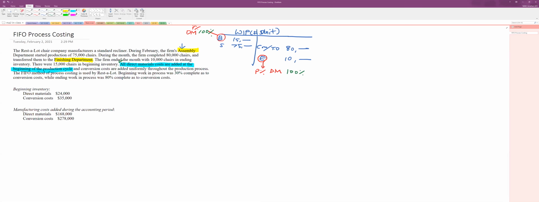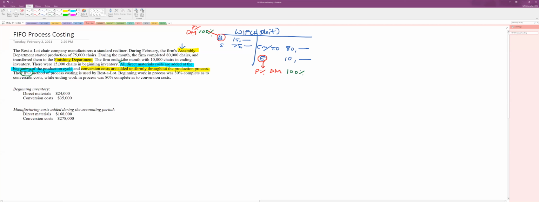Okay, so let me move on to the next one. However, the conversion costs are added evenly, uniformly throughout the processing. Okay, that's different. So we are going to use the FIFO method, and beginning work in process was 30%.